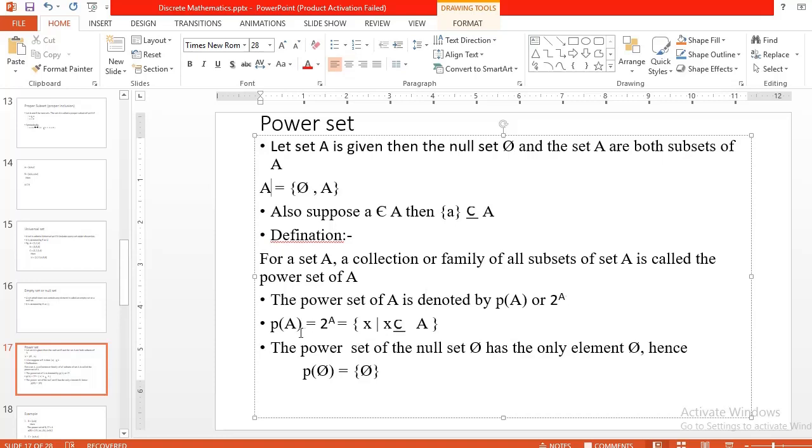Symbolically, the power set of A is 2 raised to A, which equals the set of all X such that X is a subset of A. Here in 2 raised to A, what is meant by A? A denotes the number of elements in the set A. Here the power set of the null set phi has only one element, phi. Hence we can say that the power set of phi is always phi.